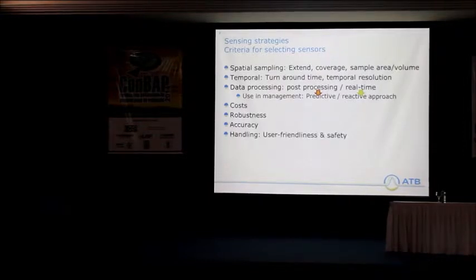Also the temporal resolution you need, and data processing, whether real time or in post-processing. This also defines the use and management, whether you have a predictive approach or do it in real time, a reactive approach. Of course, costs are very important, as are the robustness of the sensor, accuracy, handling and user interface.